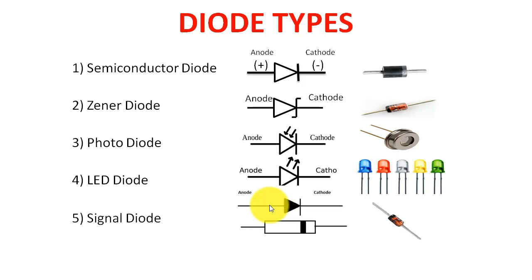Then another one, the fifth, is the signal diode. The symbol is something like this, and it is used on boards. You will remember all of these symbols and the originals on electronic boards.